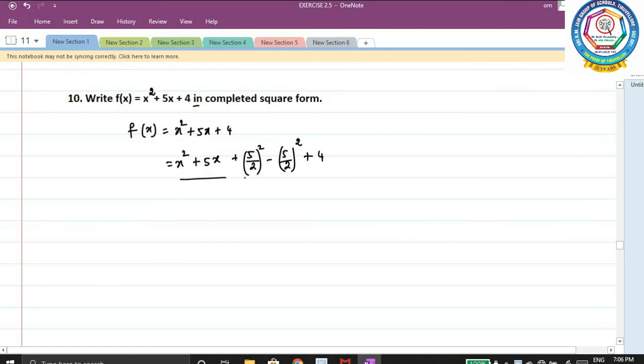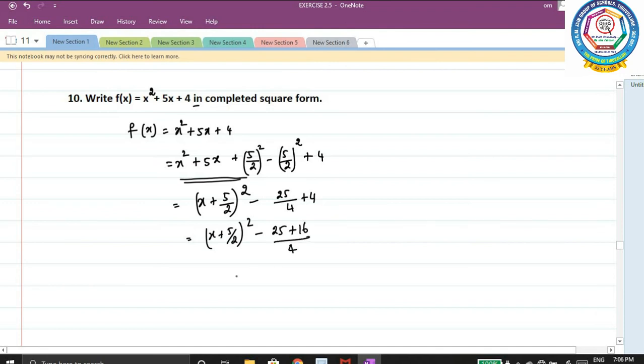If I combine this part alone, I will get 1 perfect square. What is that one? X plus 5 by 2 the whole square. Then minus here 25 by 4 plus 4. That is equal to x plus 5 by 2 the whole square minus 25 plus 16 by 4.